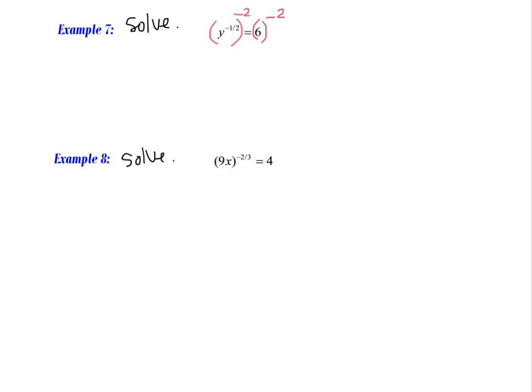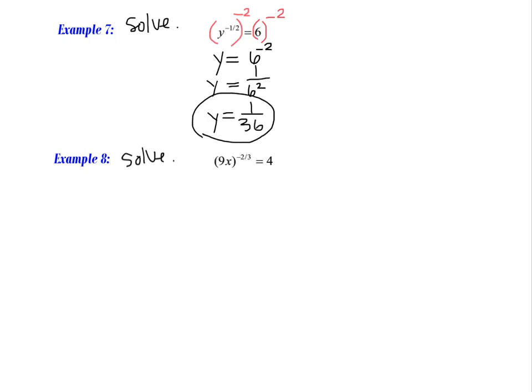So we've raised both sides to the -2 power. That gives us y on the left-hand side as intended, and then 6 to the -2 on the right-hand side, which we just need to simplify. Remember, negative exponents are the same as bringing it to the bottom and making it positive, so y is 1/36.